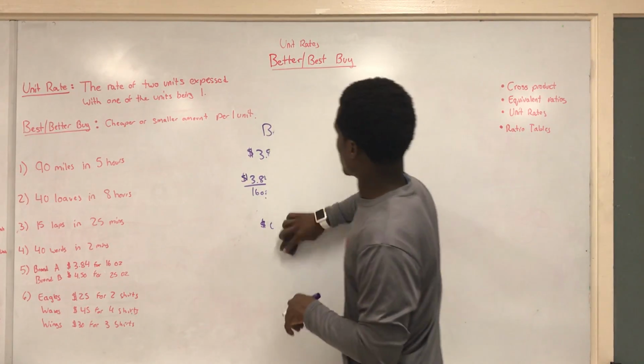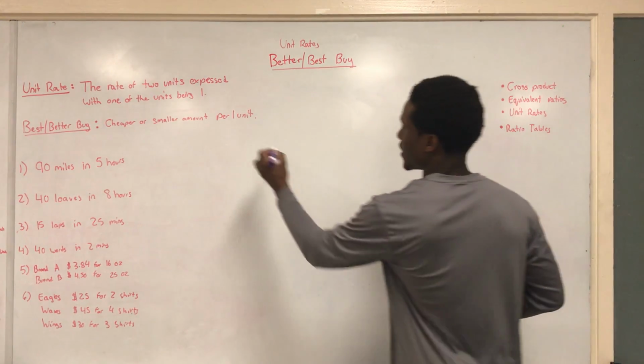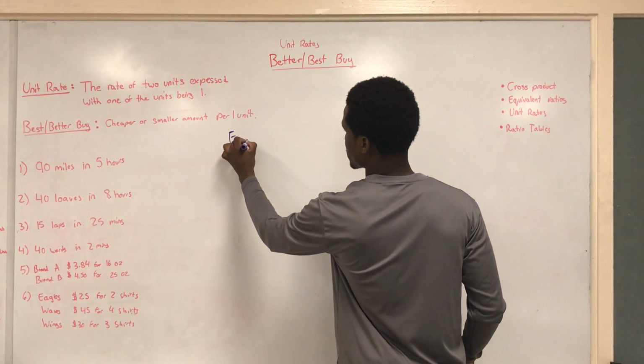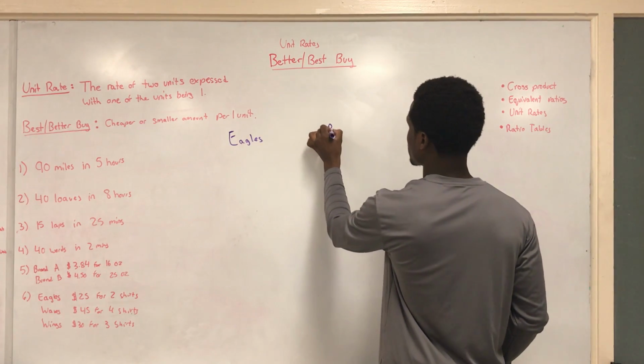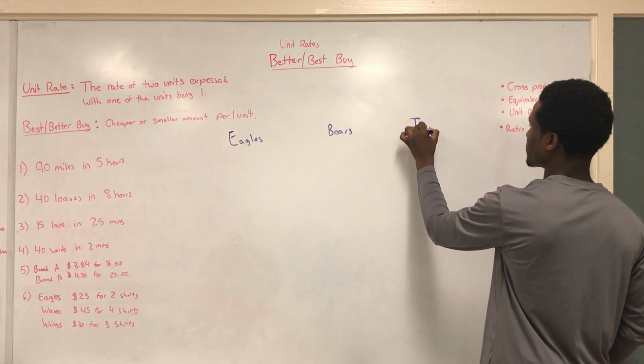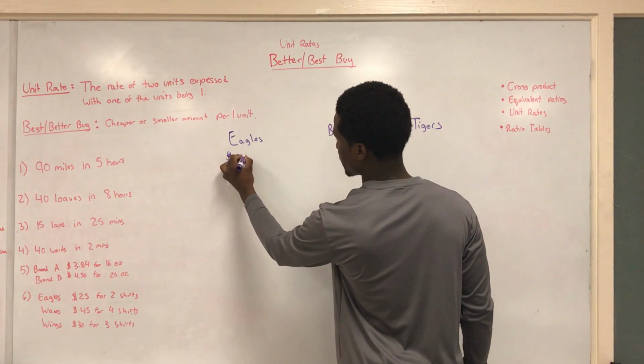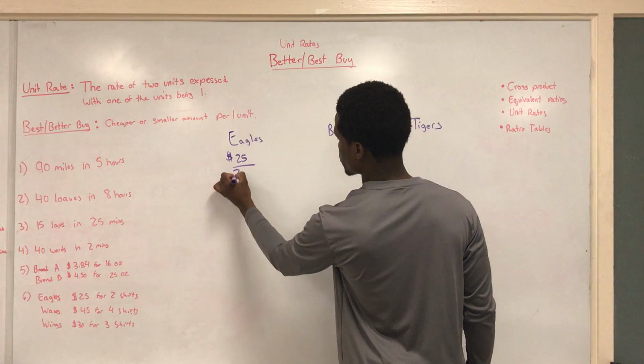Let's try one more. Let's say I'm going shopping somewhere, okay? I'm going to call this the Eagles store, the Bears store, and then let's call this the Tigers, right? So I go to the Eagles store and I'm paying $25 for 2 shirts.